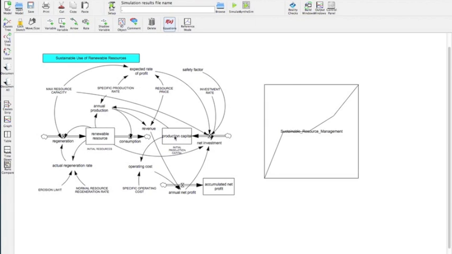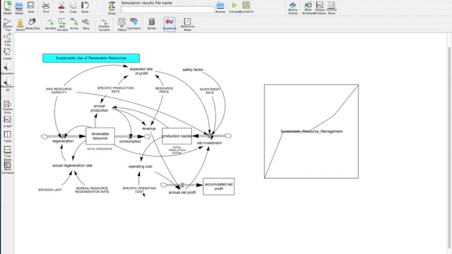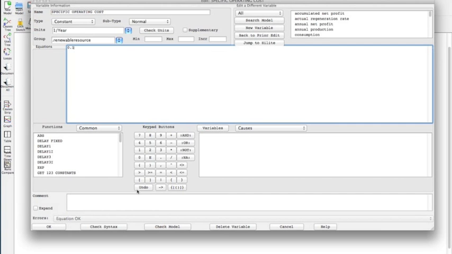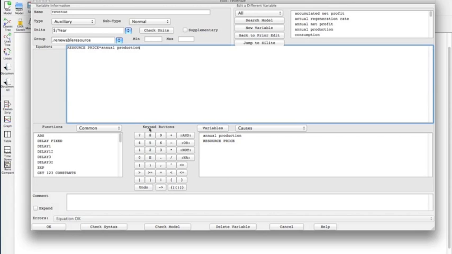Now, the production of capital generates some operating costs. So there's the production capital multiplied by how much it costs to run the operation per unit capital, which is this specific operating cost here, and then you have the revenue, which is generated by multiplying the annual production, whatever you get to produce, times the resource price.